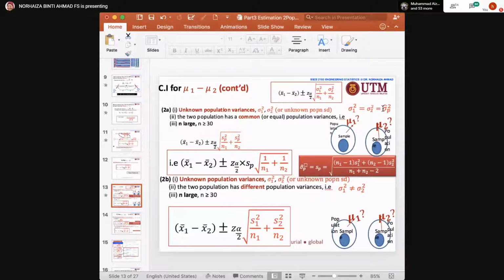Now, if they are the same, we need to estimate the combination of these two values, i.e., I'll write in your chat.